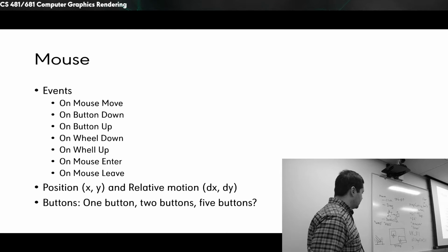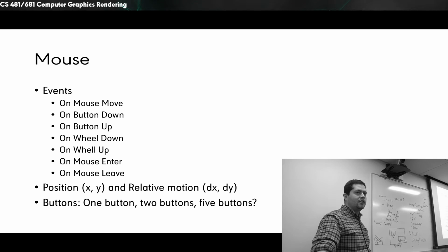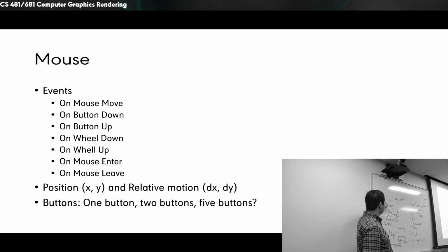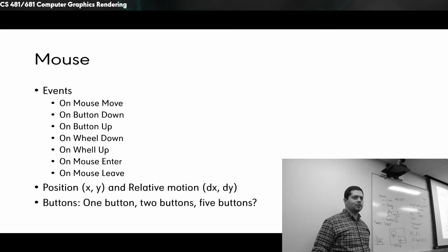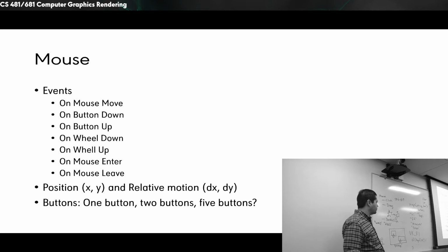That's going to be important for interaction. Sometimes we don't really care. Maybe we just want to move an object around, so we're just watching for events in the main area, but sometimes we'd like to be able to select an object and then manipulate it.